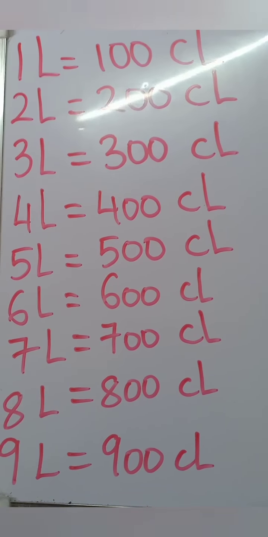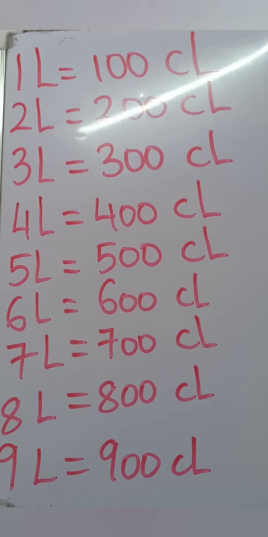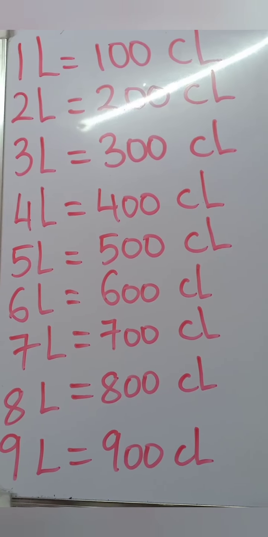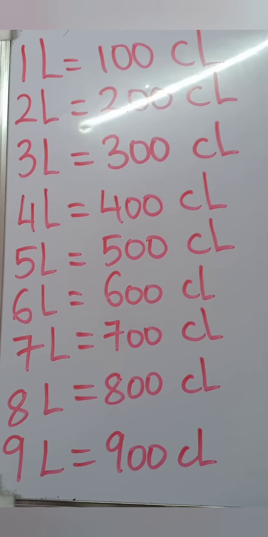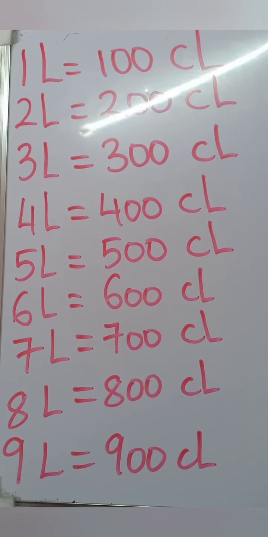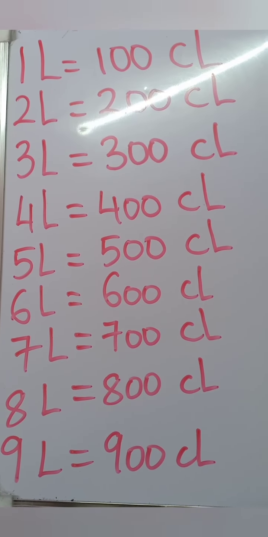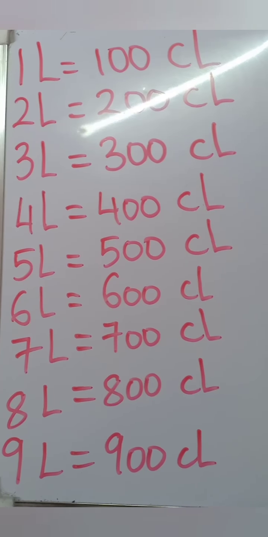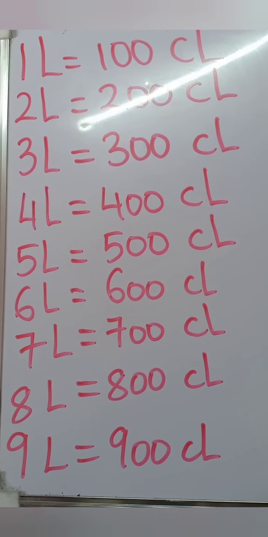Let us repeat it again. 1 liter is equal to 100 centiliters. 2 liters is equal to 200 centiliters. 3 liters is equal to 300 centiliters. 4 liters is equal to 400 centiliters. 5 liters is equal to 500 centiliters. 6 liters is equal to 600 centiliters. 7 liters is equal to 700 centiliters. 8 liters is equal to 800 centiliters.